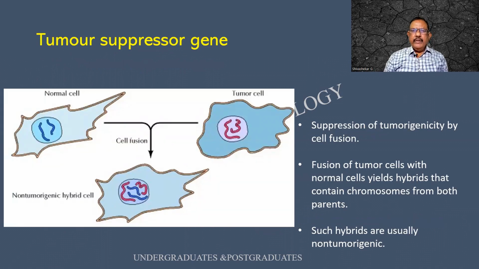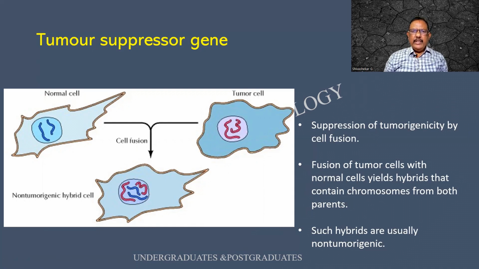Always pictures first, text next. So let us see what the picture says. In this, there is a normal cell, and then there is a tumor cell. When there is a fusion of the normal and the tumor cell, ultimately a hybrid cell is produced, which is non-tumorigenic.